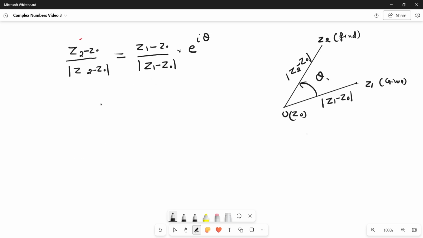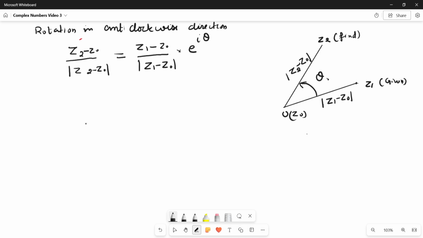So the rotation is in anti-clockwise direction.